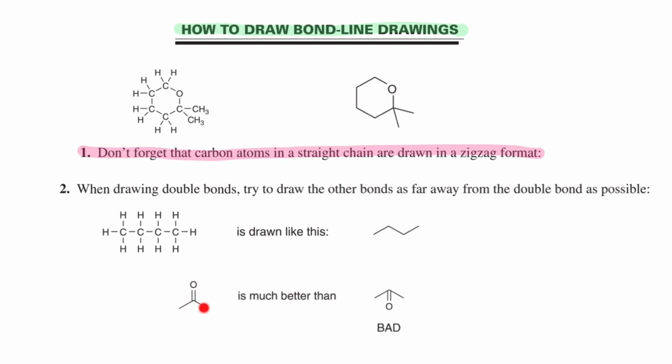This single bond should be drawn away from this double bond. So this is a better representation. Then the other one is called a bad representation, because the angle between the bonds is very small. Therefore try to always represent them far away from each other.